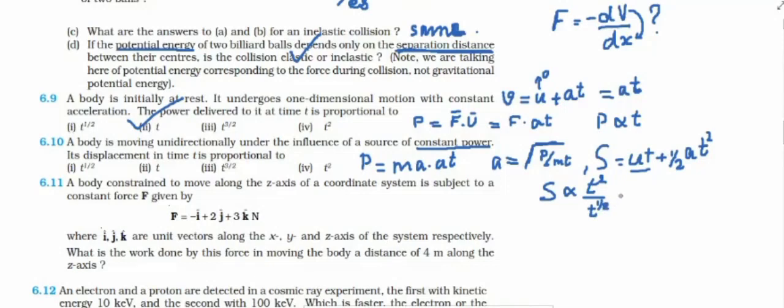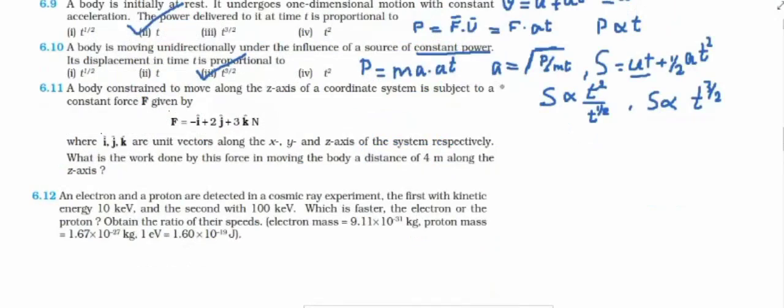Simplify it, you will get s proportional to t raised to 3 by 2. This 1 by 2 you have to take to the numerator, it becomes 2 minus 1 by 2, which is 3 by 2. Okay, therefore option 3 is the correct answer.